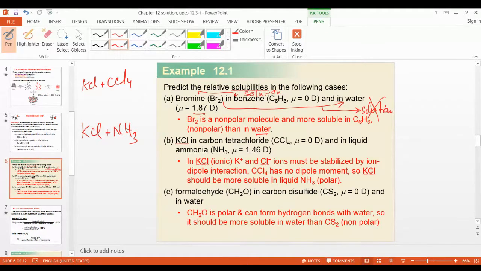CCl4 has dipole moment 0, and ammonia has dipole moment 1.63. So you tell me which one makes a solution. Other student, please tell me which solution you will make, KCl with CCl4 or KCl with NH3.